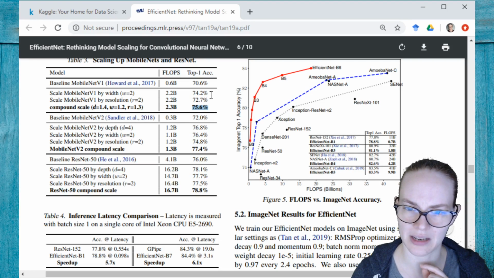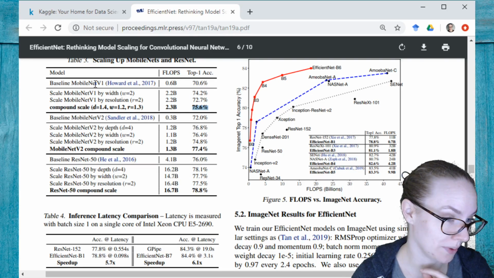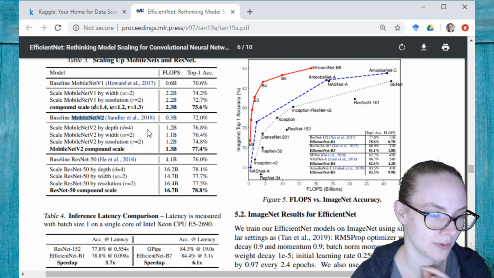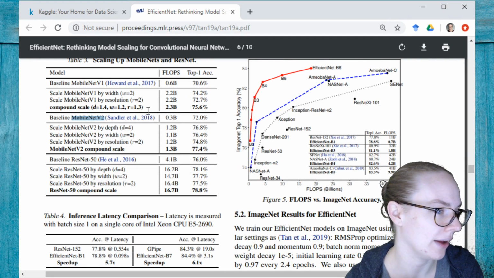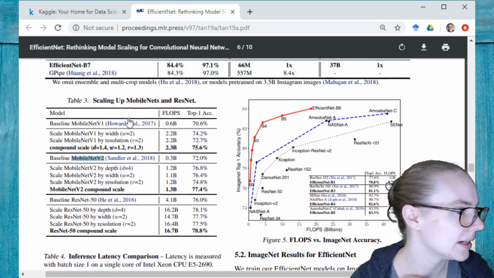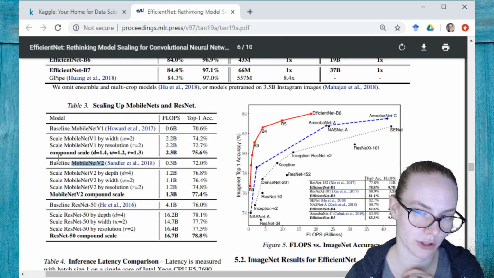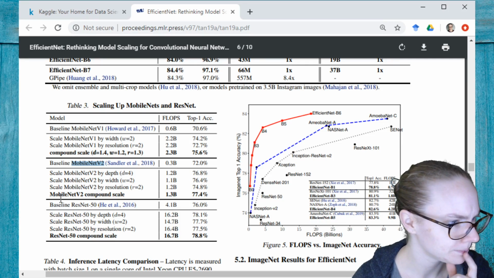I don't know why they didn't include depth here. Presumably they had a reason. And then looking at MobileNet v2, again they scaled in all 3 dimensions. Increasing just one did not increase accuracy as much as scaling on 3 dimensions, so compound scaling, presumably tuned on each of these models, so it's specific to each model what the alpha, beta, and gamma values are, because those are learned.